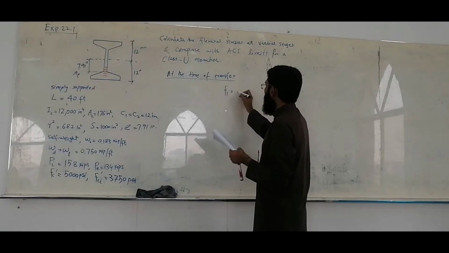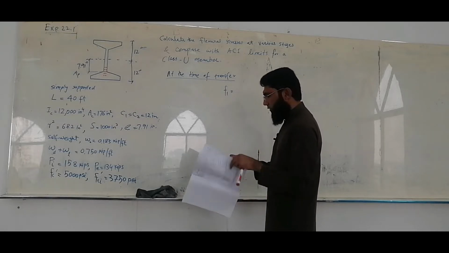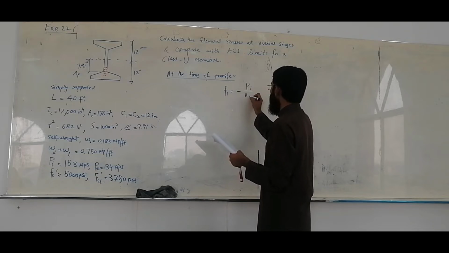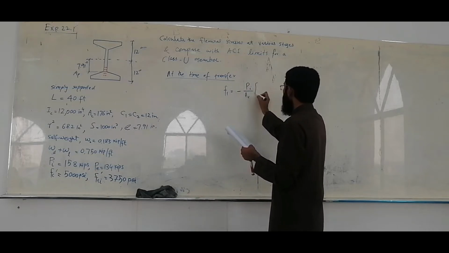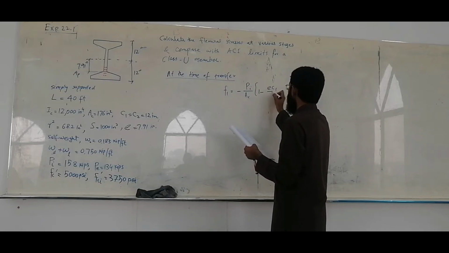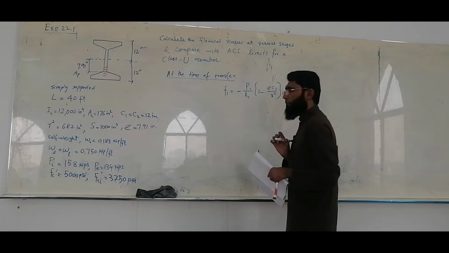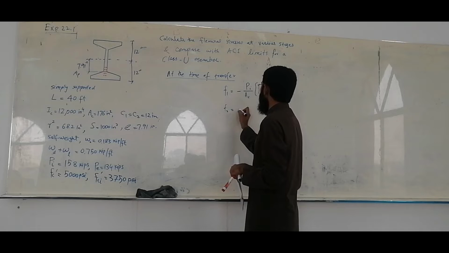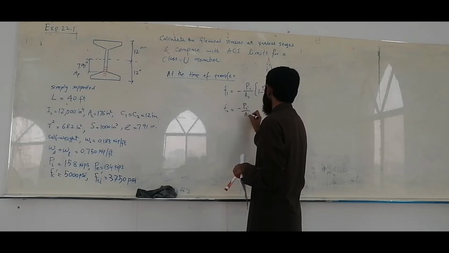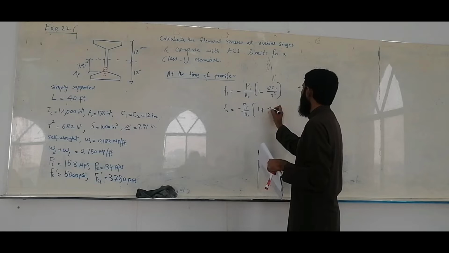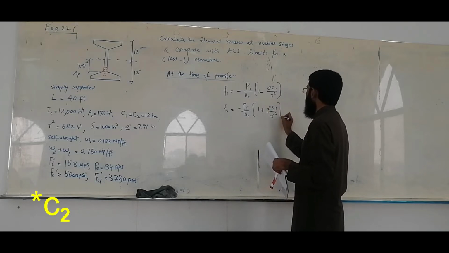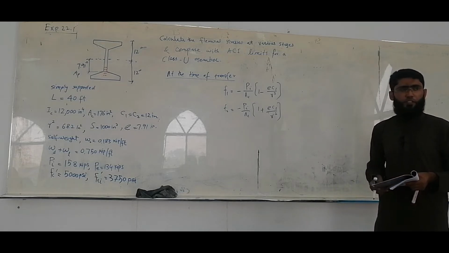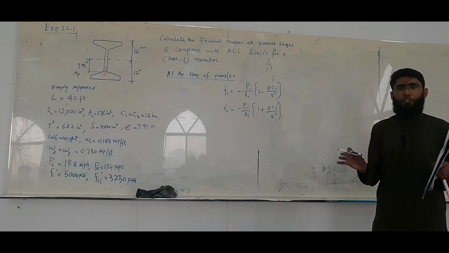Now we have learned that the general formula for it is minus Pi over AC times 1 minus EC1 over R square. Okay, we have just discussed it. Now at the bottom, it is F2 equal to minus Pi over AC times 1 plus EC2 over R square. So these are the stresses due to pre-stressing action alone.